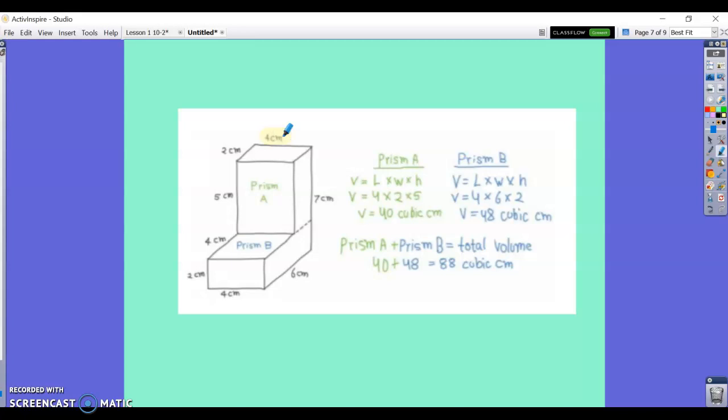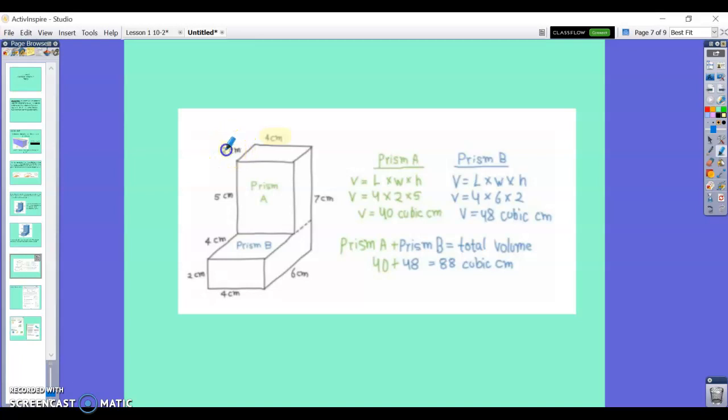That would be my length, okay, because it covers the entire length of prism A. 2 centimeters would give me the width of prism A, and 5 centimeters would give me the correct height of prism A. So over here, we multiplied the length, width, and height. 4 times 2 is 8, and 8 times 5 is 40, and it is correctly labeled as 40 cubic centimeters. Okay, so prism A is done.